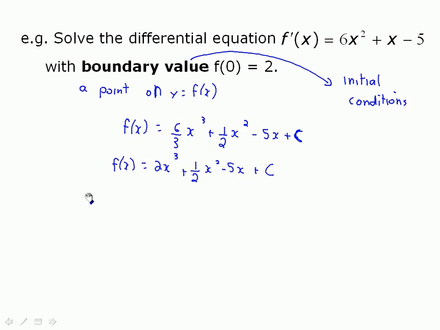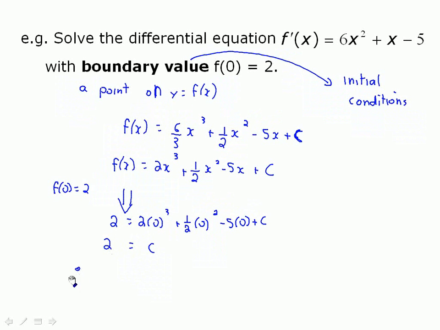Then we do know that f at 0 is equal to 2. So now it's just a matter of making the replacement in. So 2 is equal to 2 times 0 cubed plus 1/2 times 0 squared minus 5 times 0 plus c. Do the math on this one and you will get c is equal to 2.